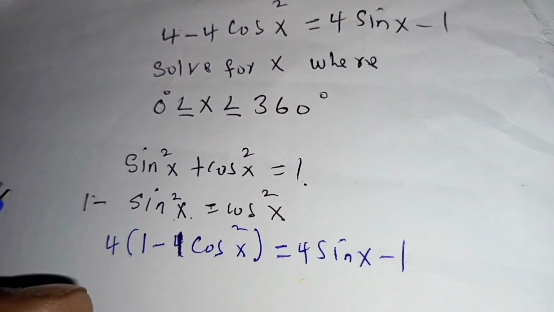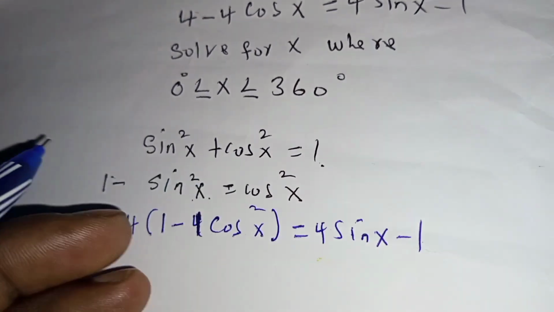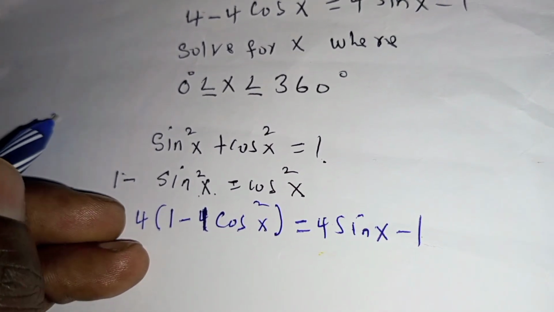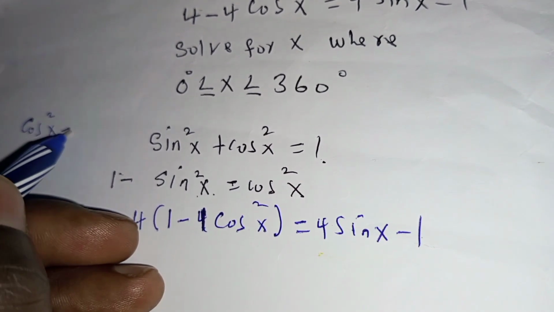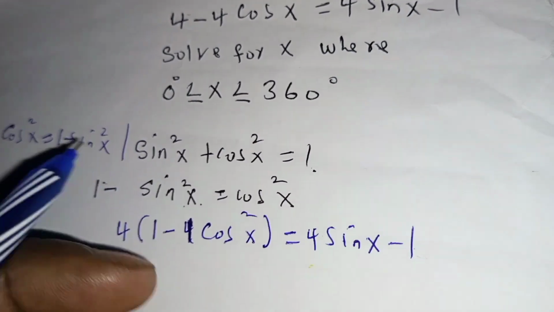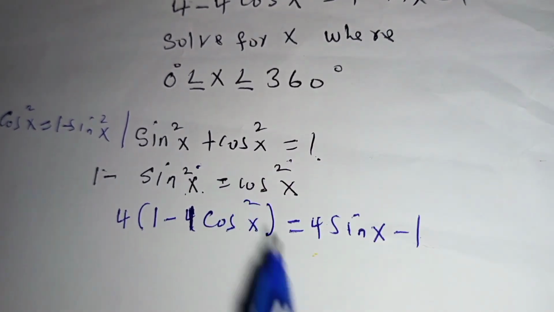Now, you can clearly see that from here we have cos squared of x being equal to 1 minus sin squared of x from this identity.